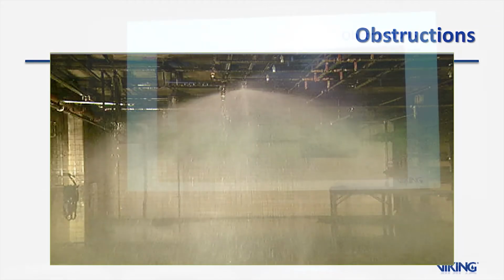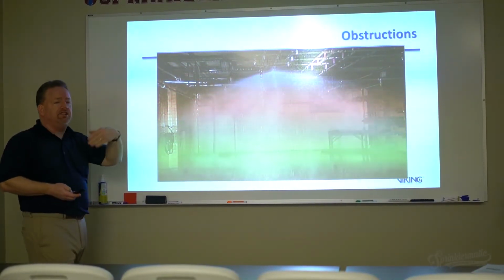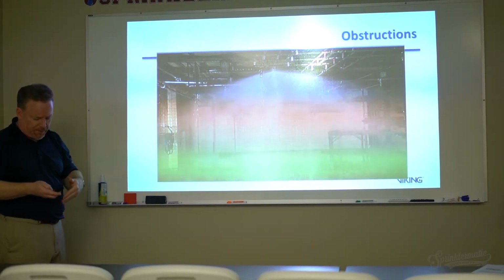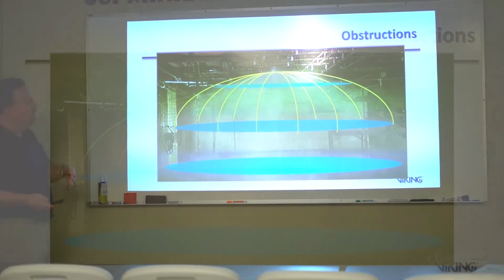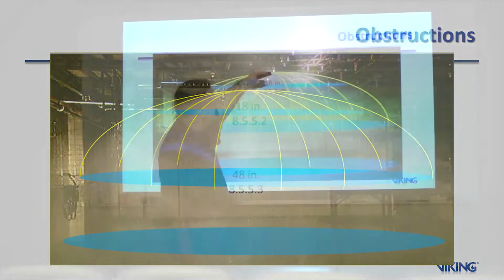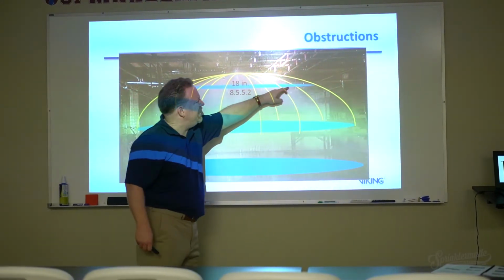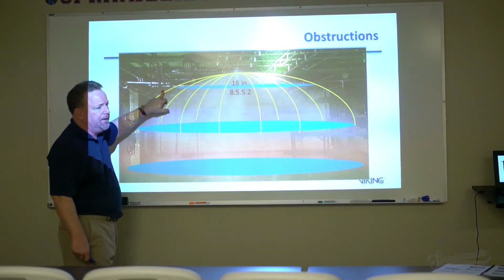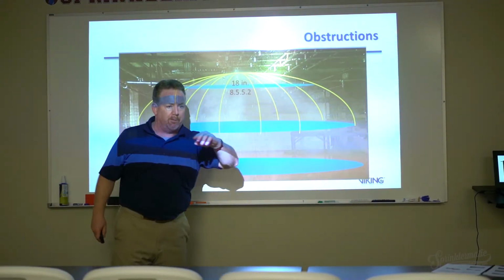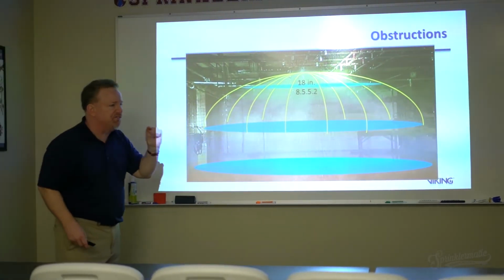Sidewall or pendant or an upright. So let's take a look at the obstruction rules here, and this is where in each of the sections within Chapter 8, within each of the sprinklers, we're going to talk about this area where we have, within 18 inches of the sprinkler, there's my sprinkler, a plane 18 inches down from the sprinkler, has a specific set of rules in section 8.5.5.2 that are an obstruction to spray pattern development.